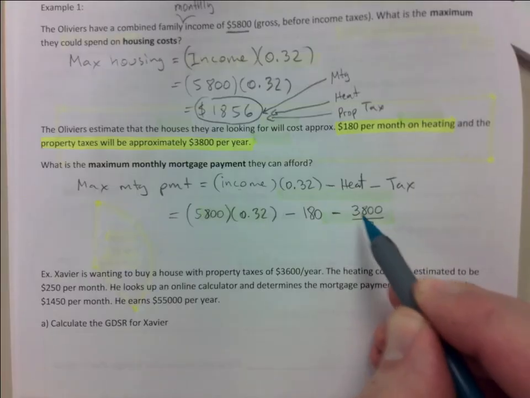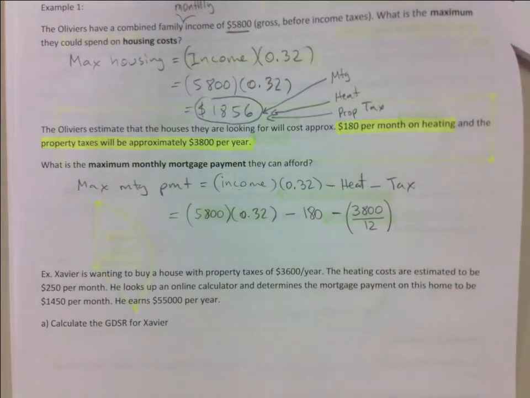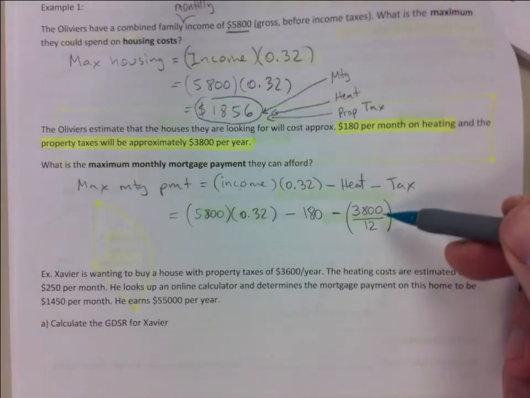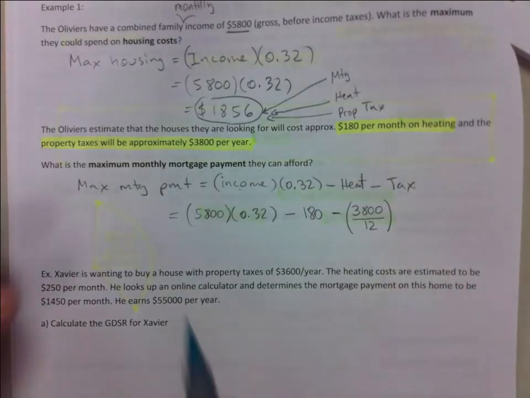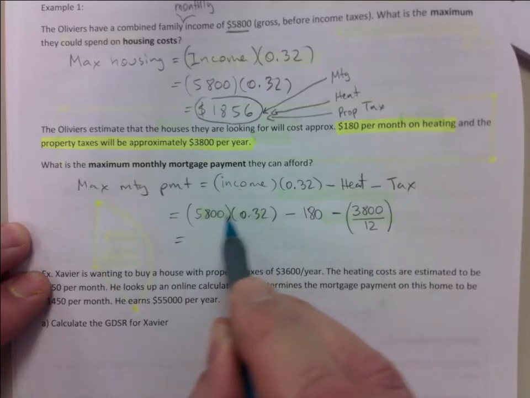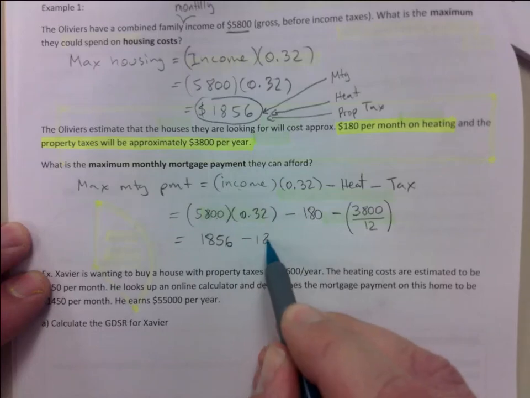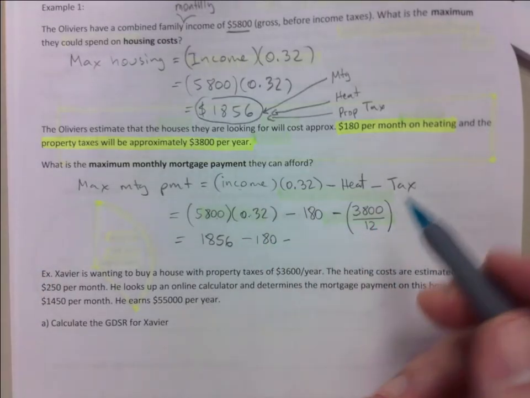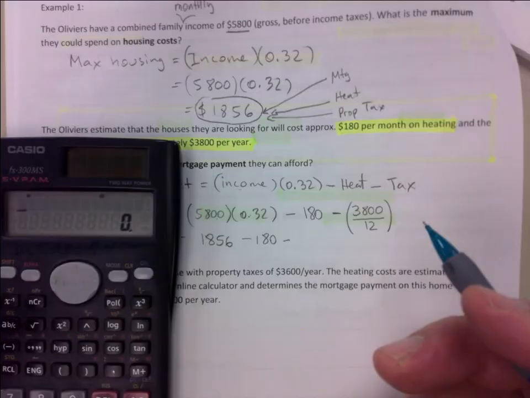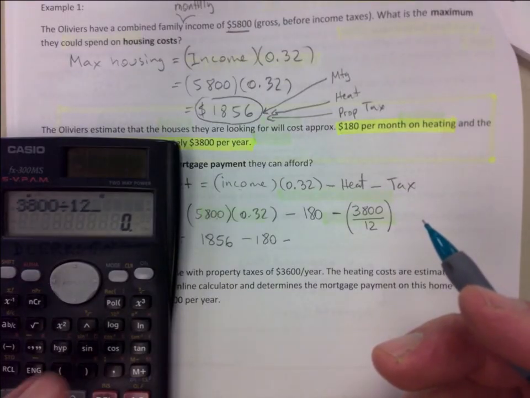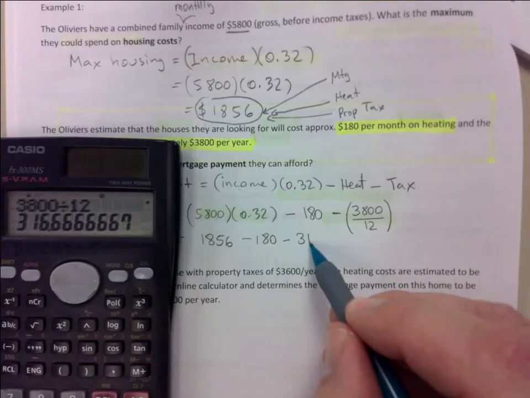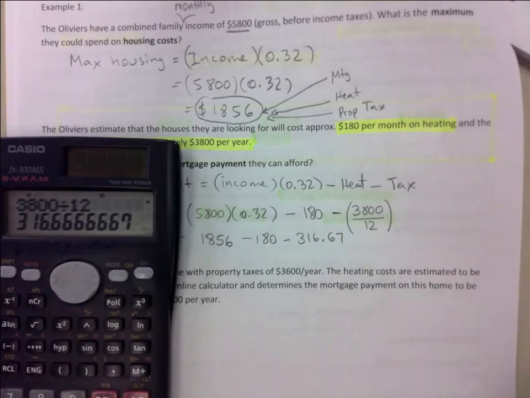I'm going to show whoever's reading this that we have to divide that by 12 to get it into a monthly amount. This we already know. Minus 180, minus what's this in monthly, 316.67.